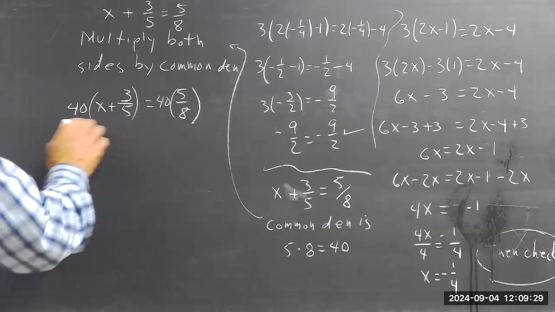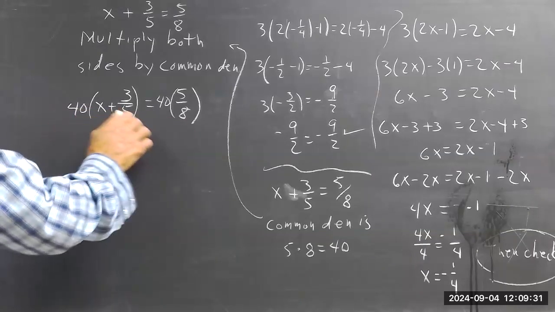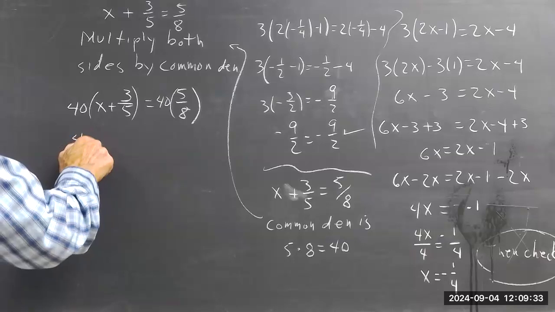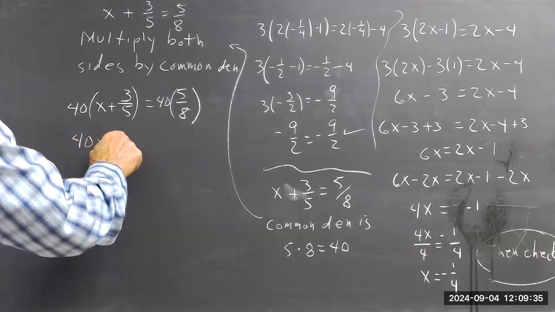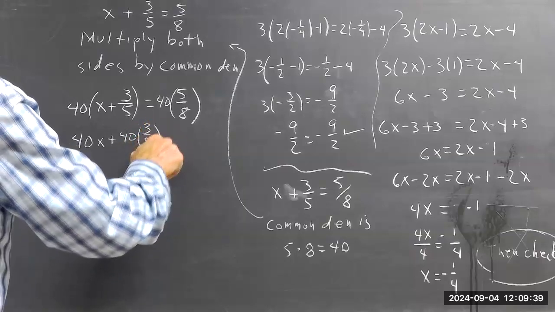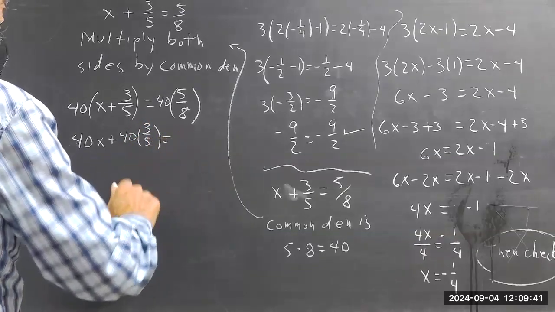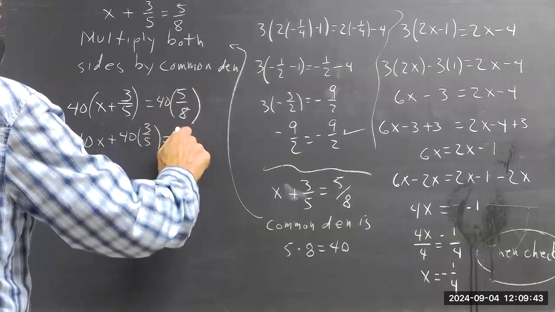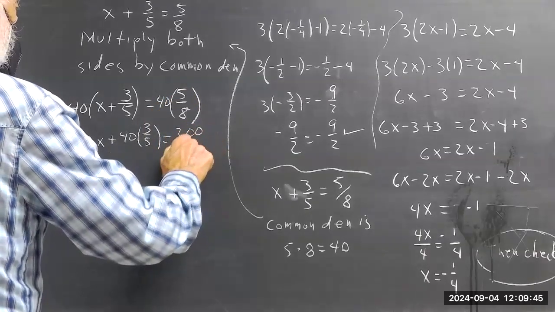So if we multiply through this side by 40, we get 40x plus 40 times 3/5 equals 40 times 5 is 200 over 8.